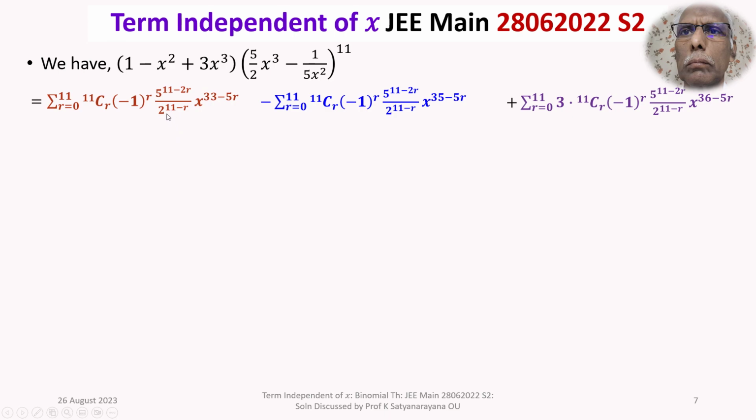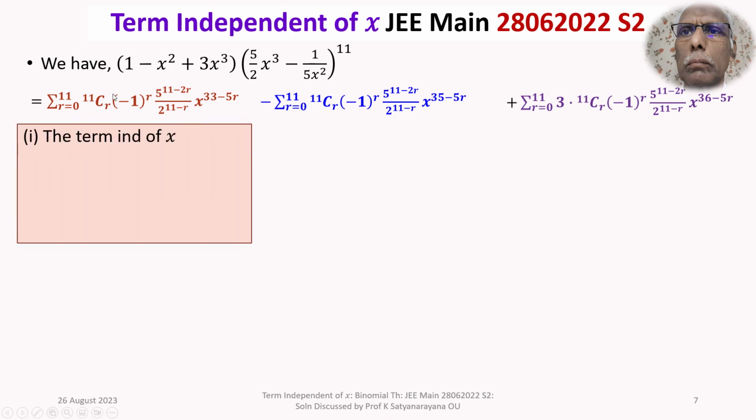Now let us see, in the first sum, can we get a term independent of x? To get the term independent of x, the exponent of x, that is 33 - 5r, must be equal to 0.